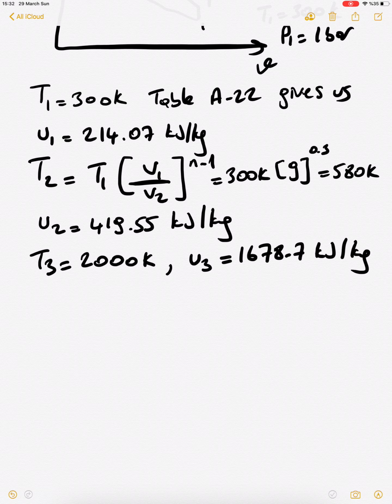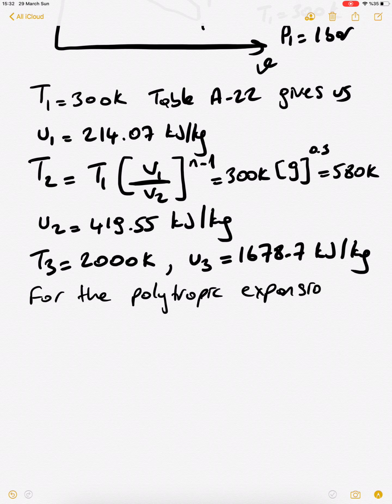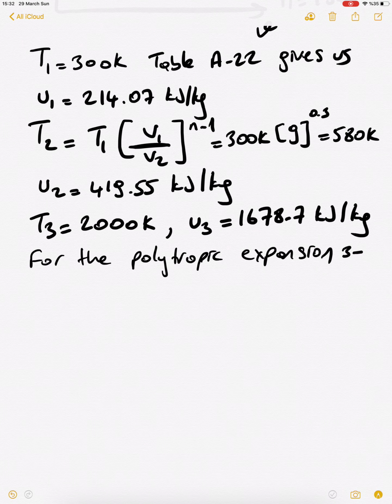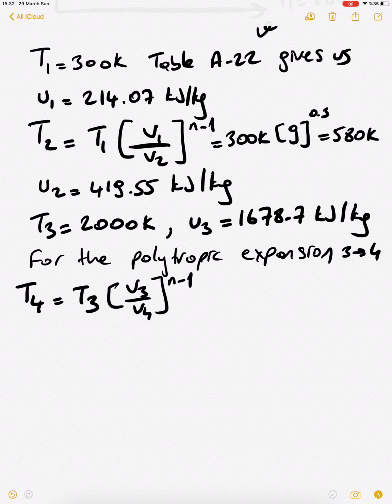And for the polytropic expansion going from 3 to 4, we can calculate T4 as T3 multiplied by V3 over V4 to the power n minus 1.